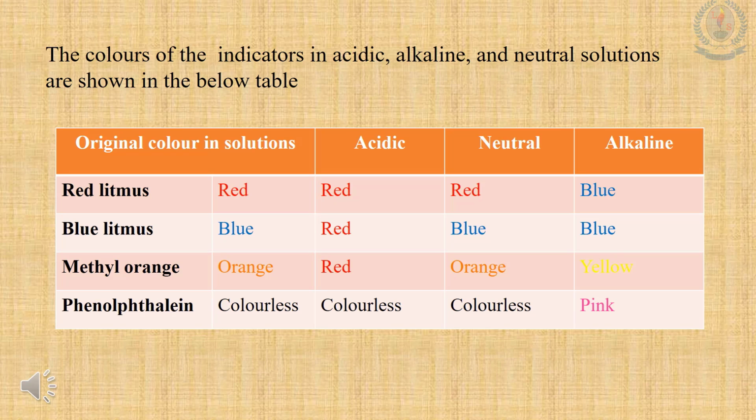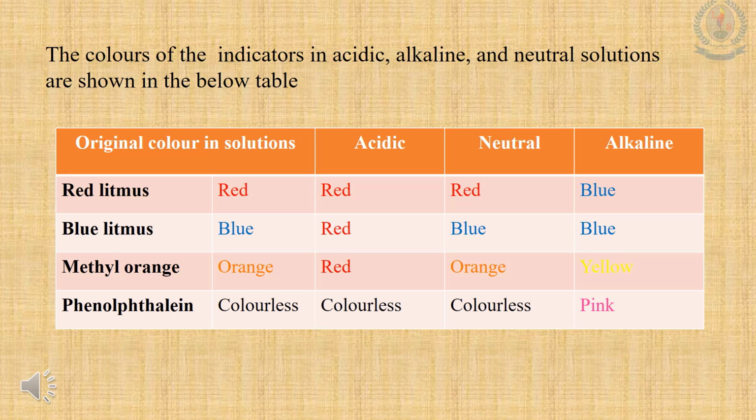Now let's see methyl orange. Color of the solution is orange. In acidic, methyl orange color changes into red color. In neutral solution, color doesn't change, remains as orange. But in alkaline solution, methyl orange changes into yellow color. Phenolphthalein.